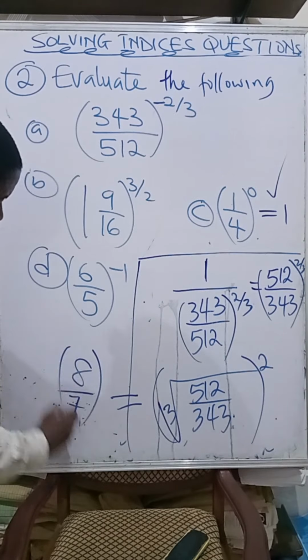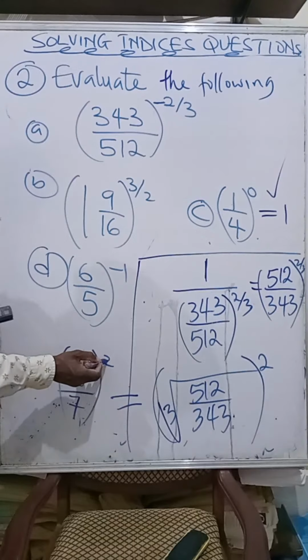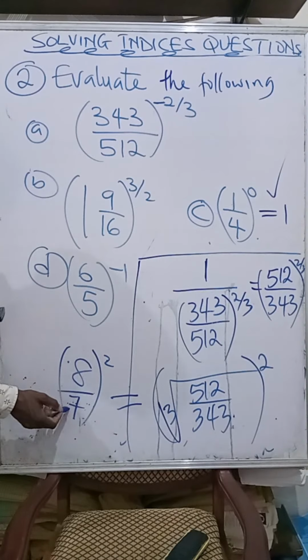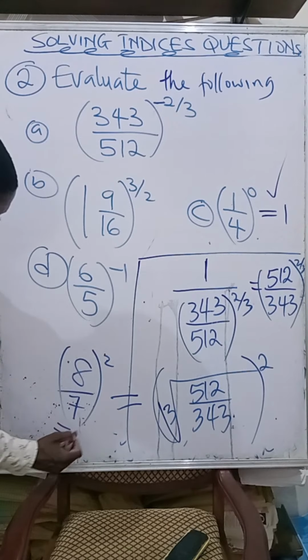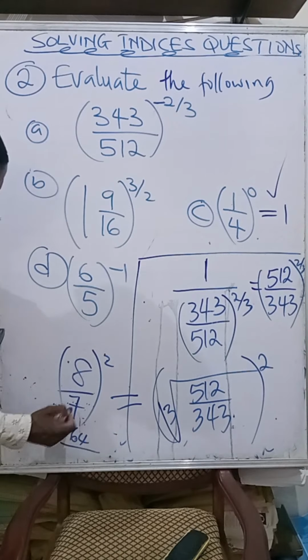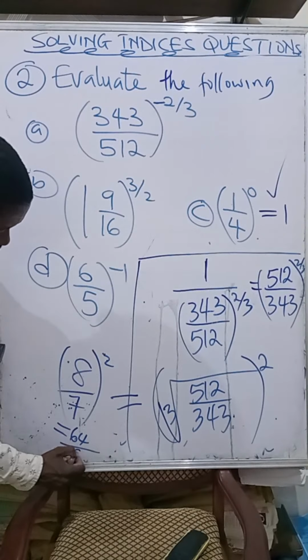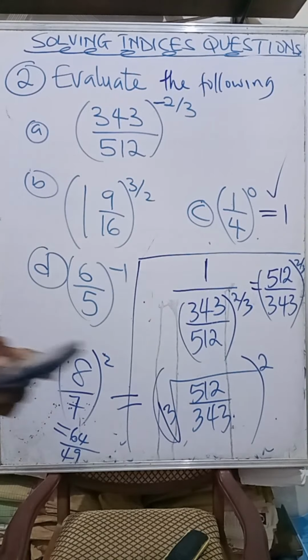And you square that. So these two affect the numerator, affect the denominator. That is 8 square, that's 64 over 7 square, that's 49. So that's that on the question 1.